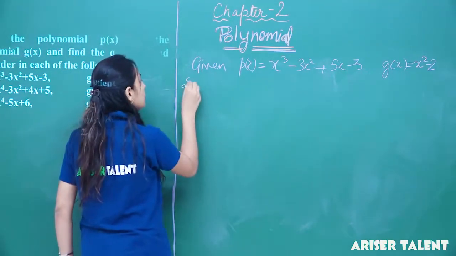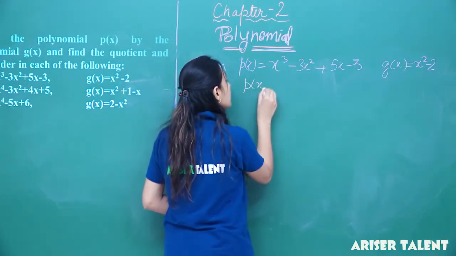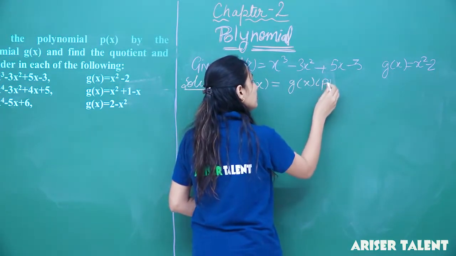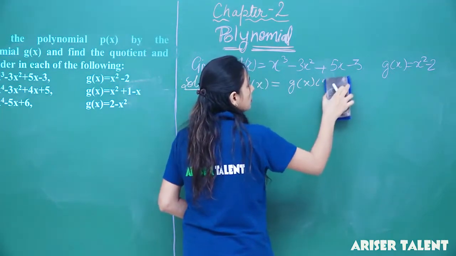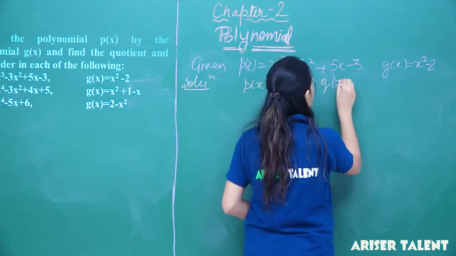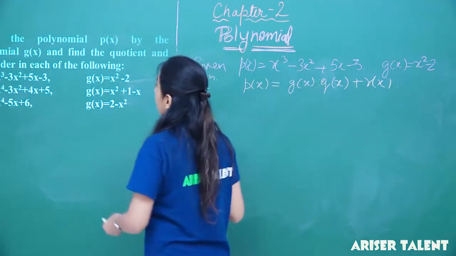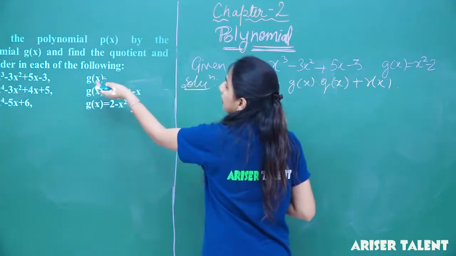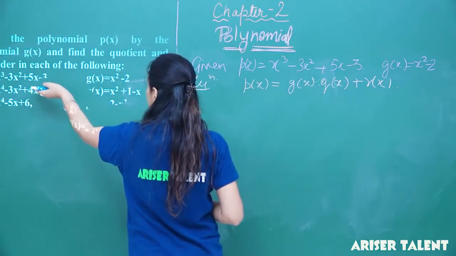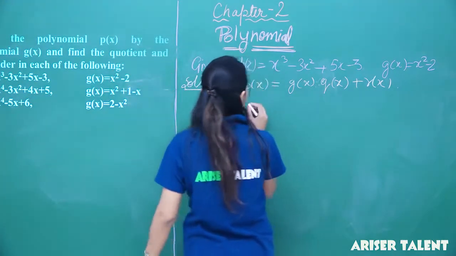The solution is here that px equals to gx qx plus rx. Okay. So, we have just to simply divide this term by this term and find the quotient and remainder.